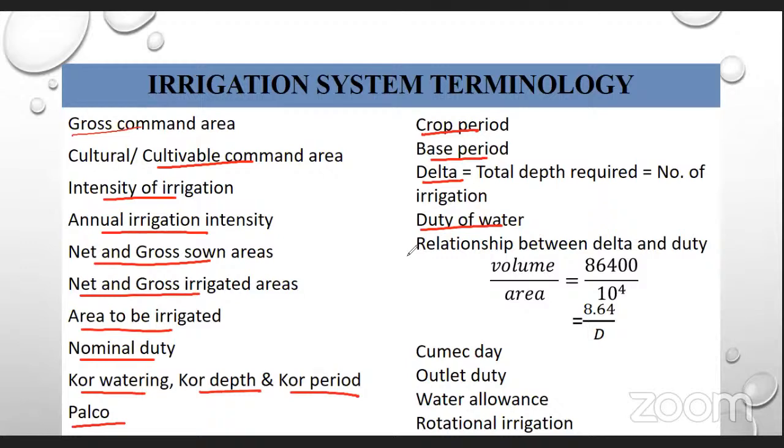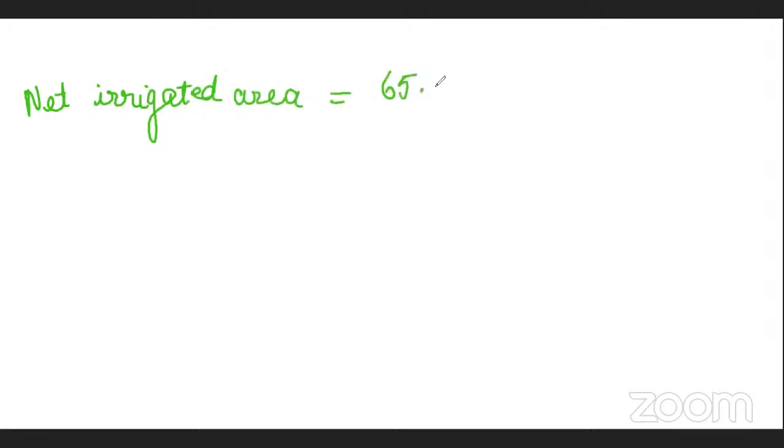Before going further, I will be telling you about the net culturable area of India. What are the present areas we should be discussing? If we talk about net irrigated area, that is 65.26 million hectare.